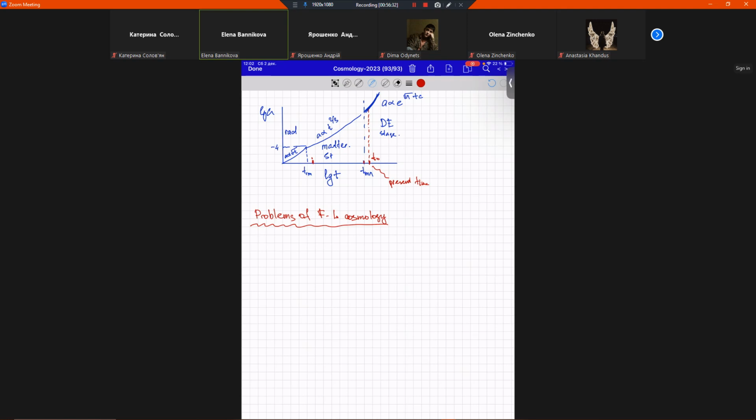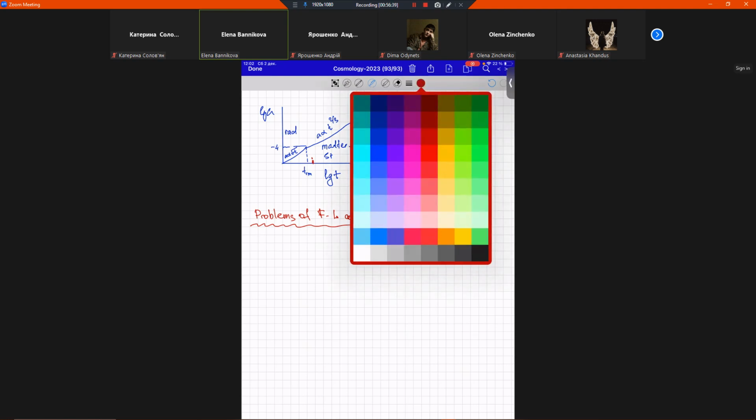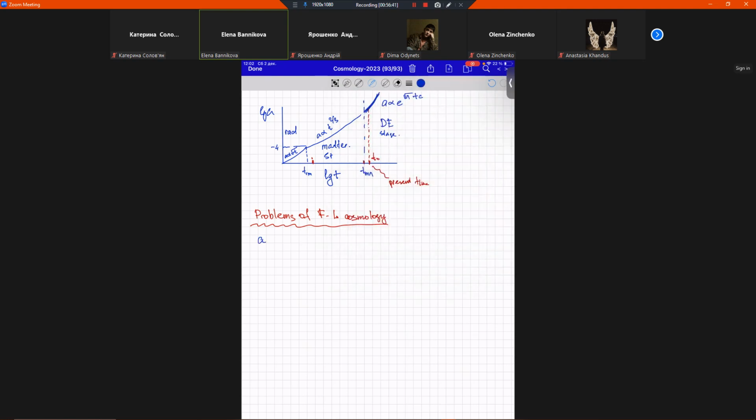the birth of the universe, because when we speak about scale factor equals 0, we put a equals 0. But it means that we consider what is called a cosmological singularity.